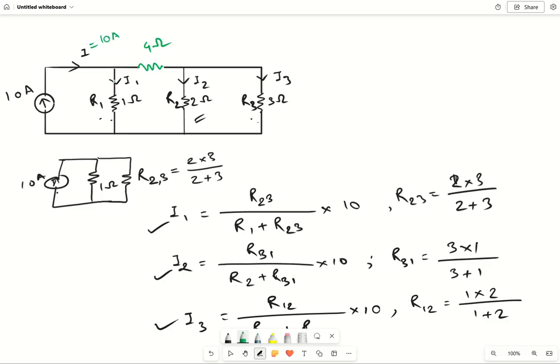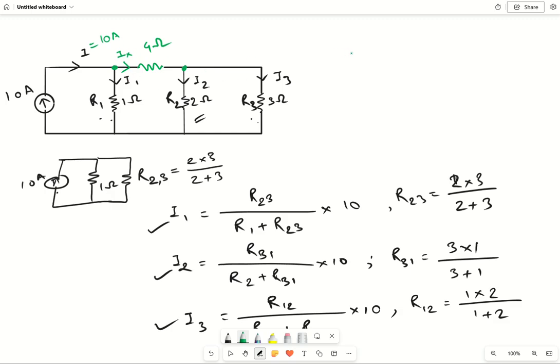Now what will happen? Whatever 10 ampere comes here will get divided into I1 and this current. Suppose this is Ix, then this Ix will get divided into I2 and I3. So we have to determine another current which is called Ix.